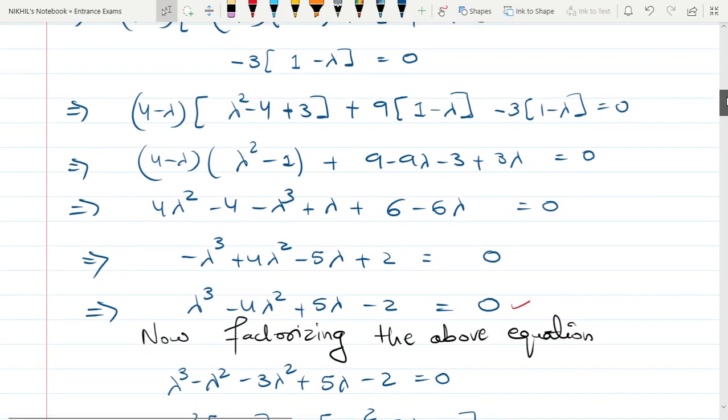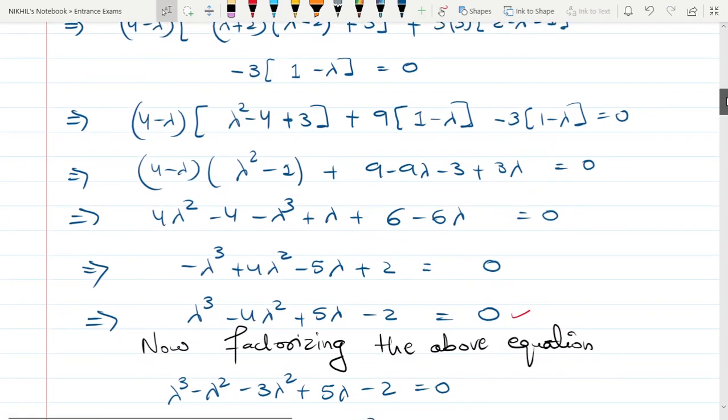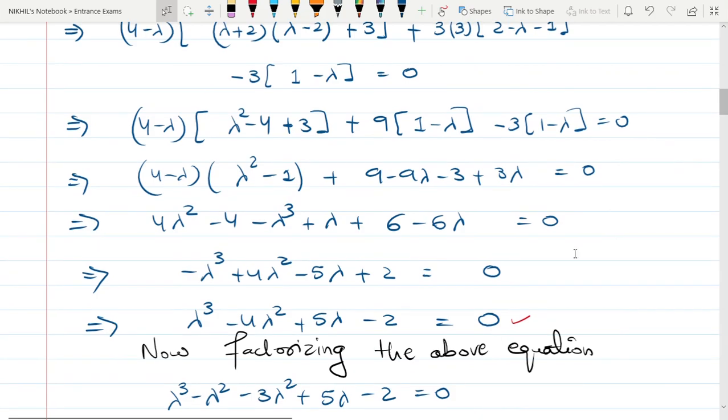Now we try to factorize the above equation. Clearly, from the constant term minus 2, it's pretty clear that one of the divisors of this constant, that is either 1, minus 1, 2 or minus 2, will be a root of this equation.